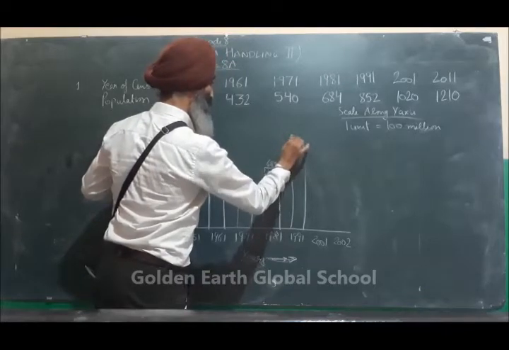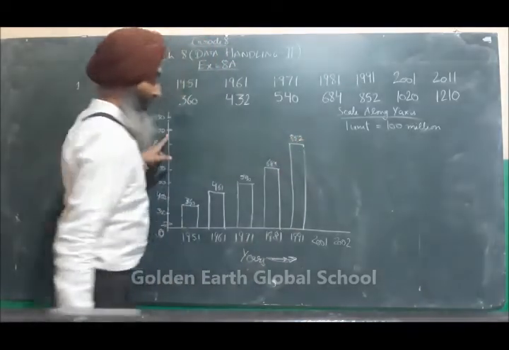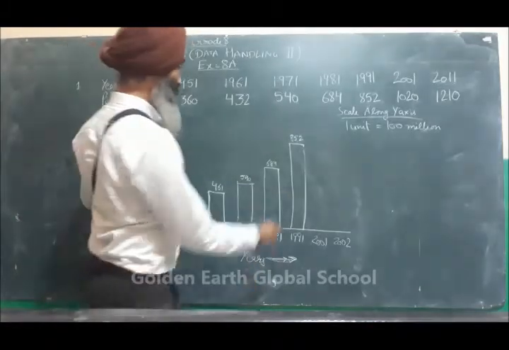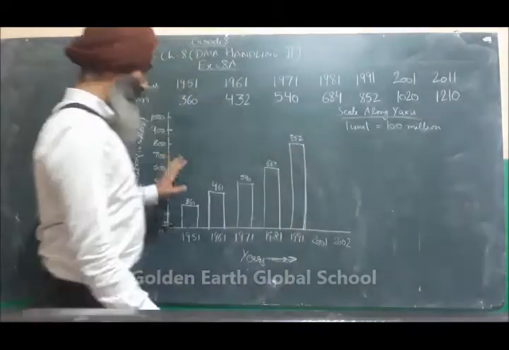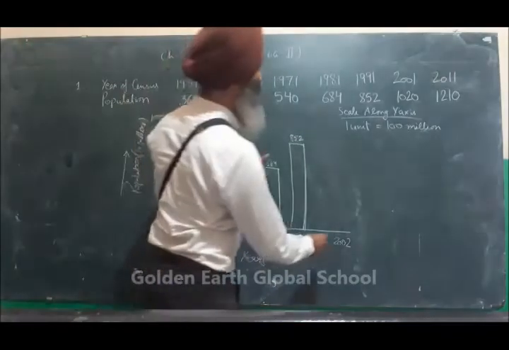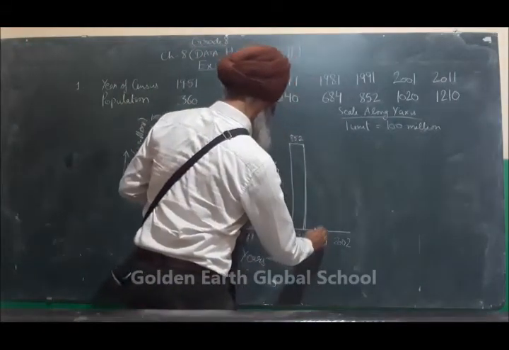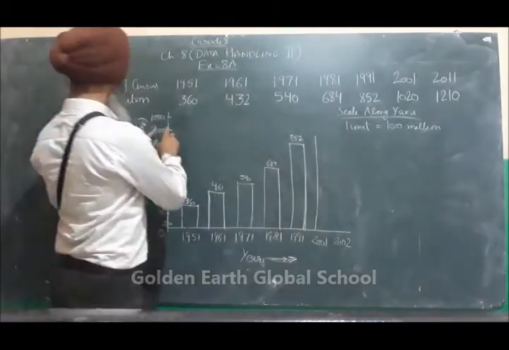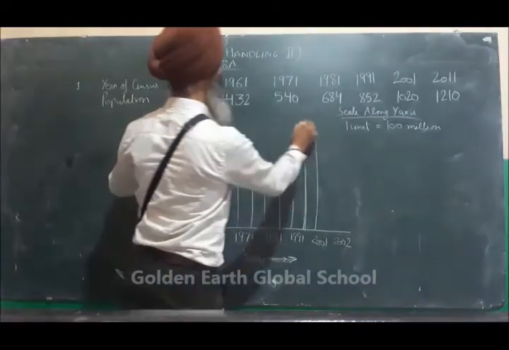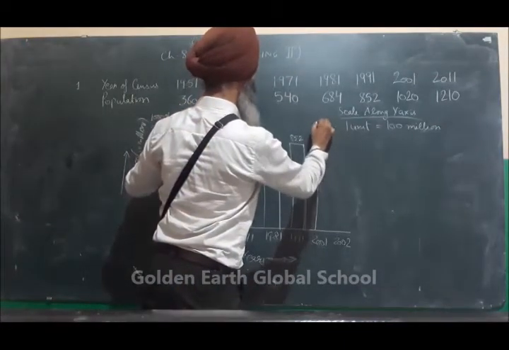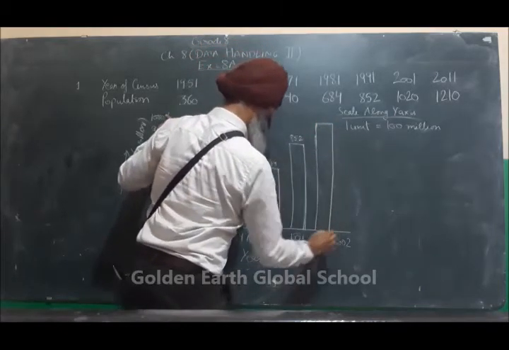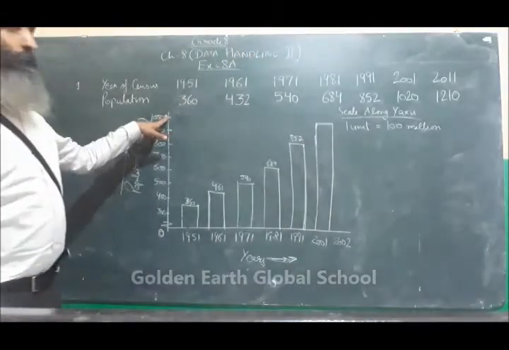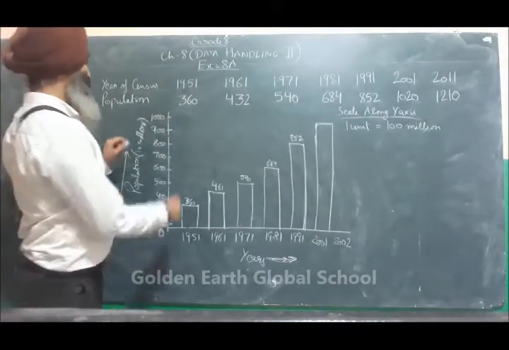You can draw the lines with the scale, as I am doing on the board. Now next one is 1020. So 1020 will come here. Now the last one is 1210.